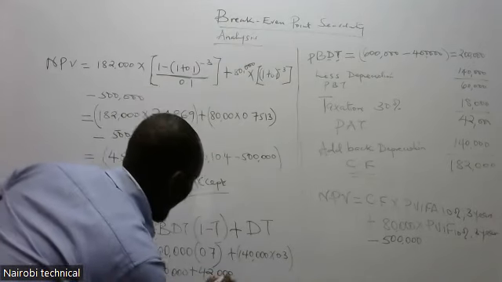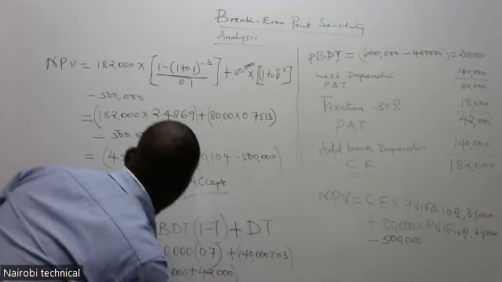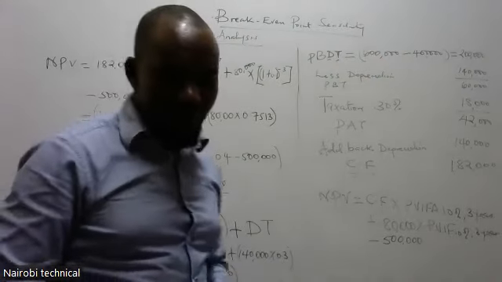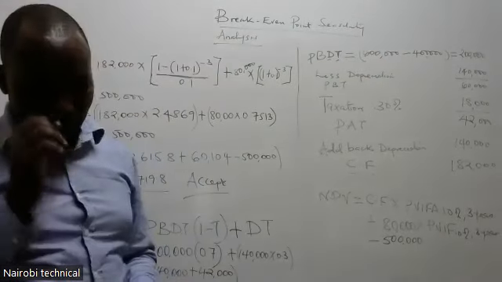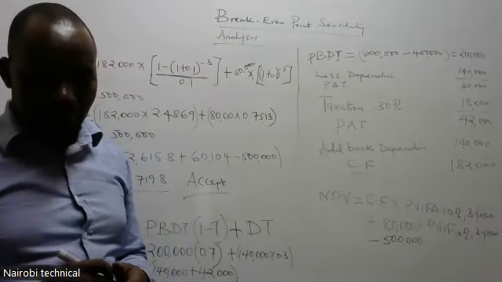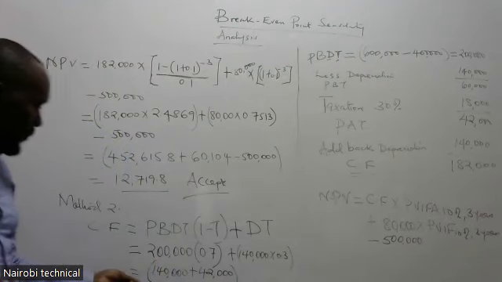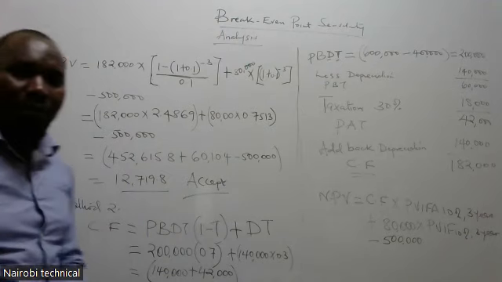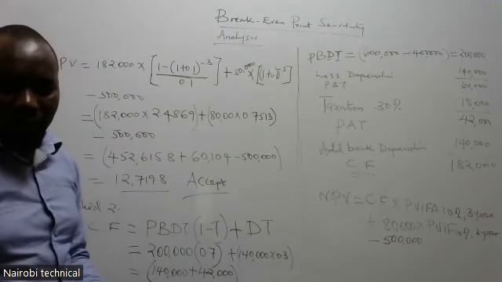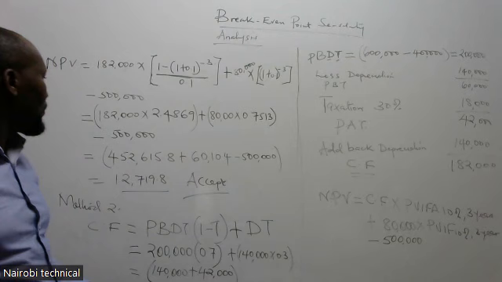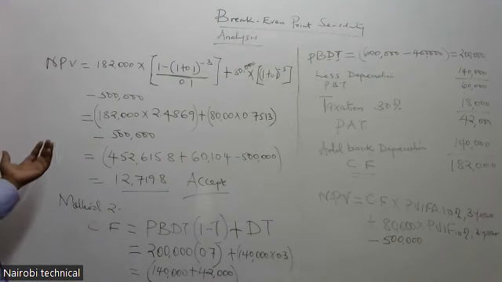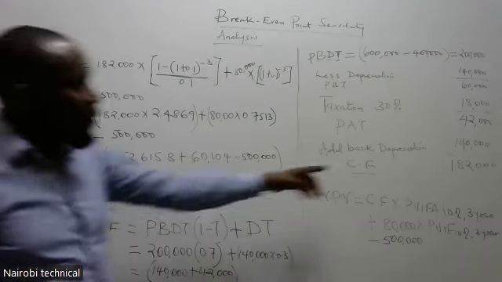Right? How much do you get in total there? When you add the two, 140 plus 42, you get 182. Is it what you got somewhere? We had 182 somewhere. Is it not cash flow?